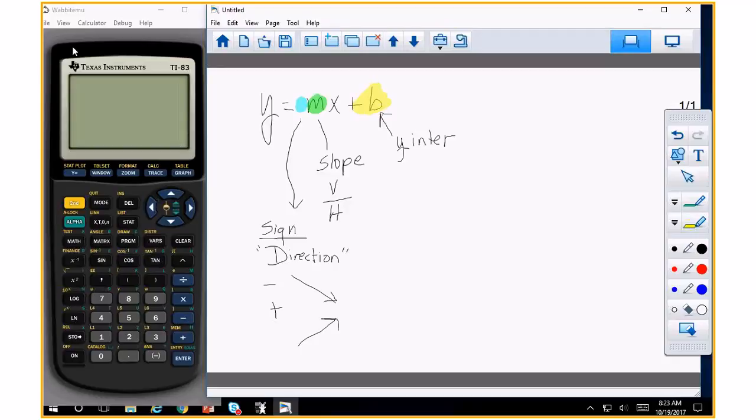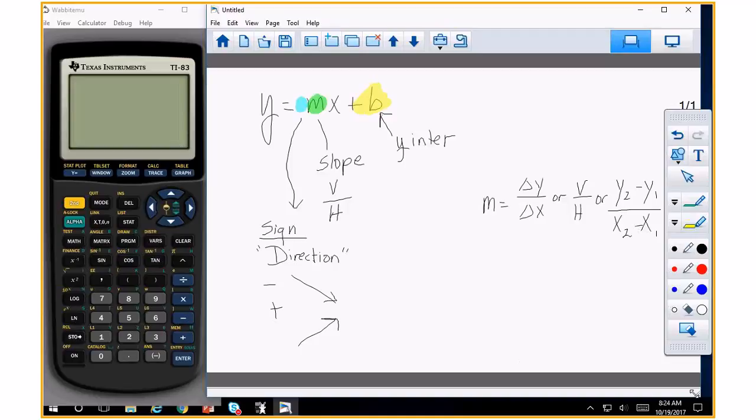Now, there are two formulas that you have to know in your review, and the first one is slope. Slope equals delta y over delta x, or vertical over horizontal, or y sub 2 minus y sub 1 over x sub 2 minus x sub 1.